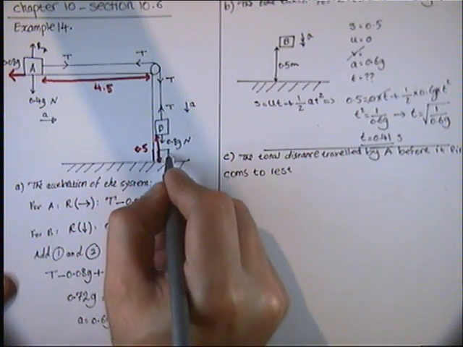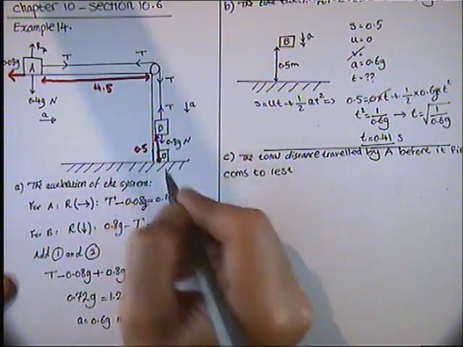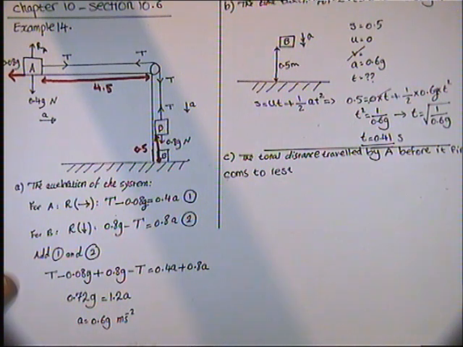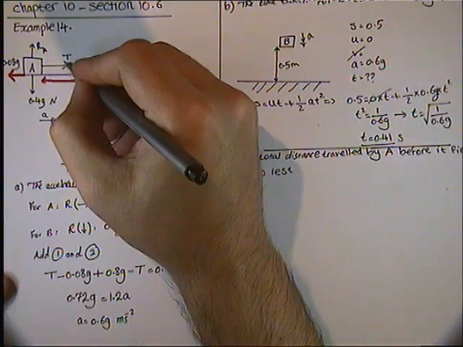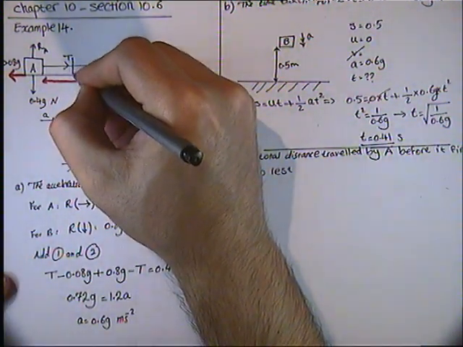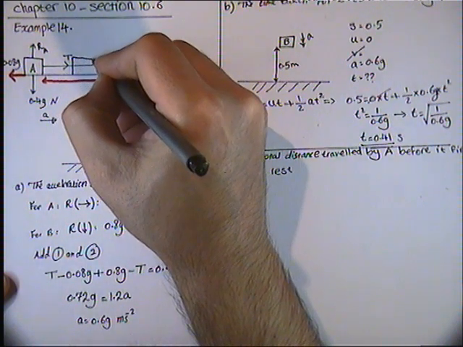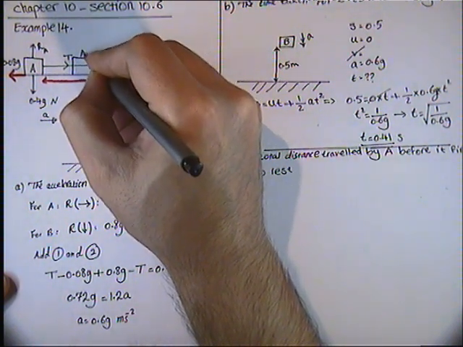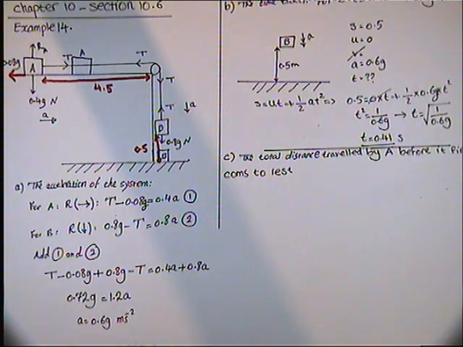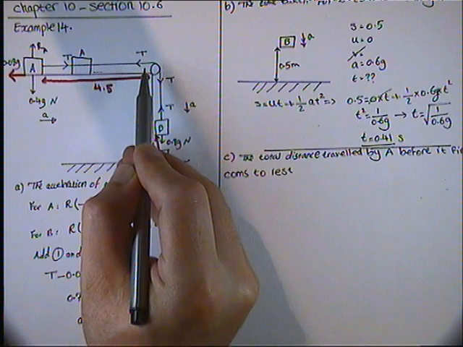B is here now. So what would happen? A would be at this point. However, there is another 4 meters left over here.